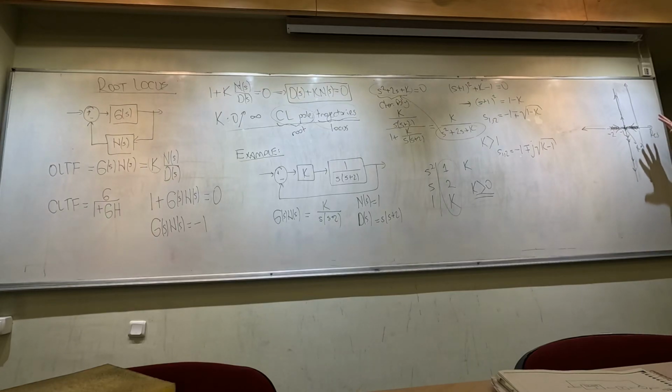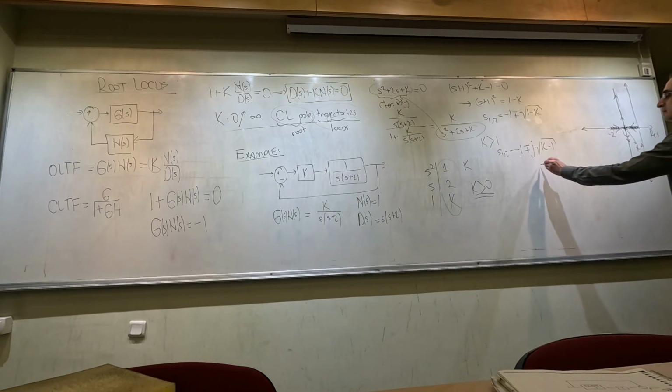But in Routh locus, we have much more information than that simple stability information. We could look at the performance measures by looking at the Routh locus here. For example, I can say something about the settling time of this system by looking at the Routh locus.